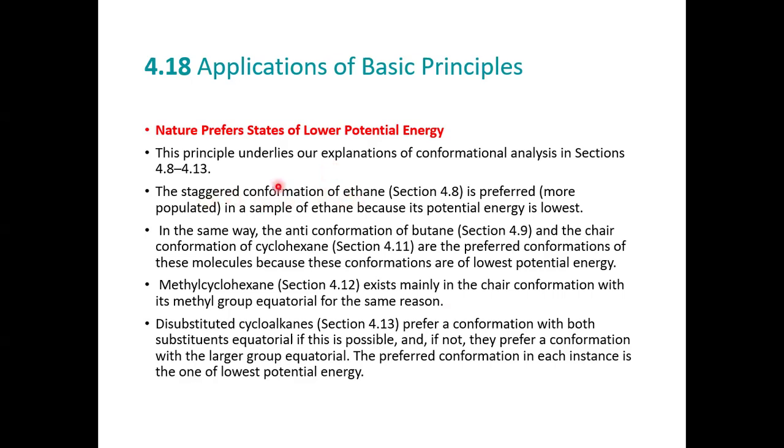We've learned that the staggered conformation is preferred because of its low potential energy. And we also learned that the anti-conformation of butane and the chair conformation of cyclohexane are preferred again because of the lowest potential energy.